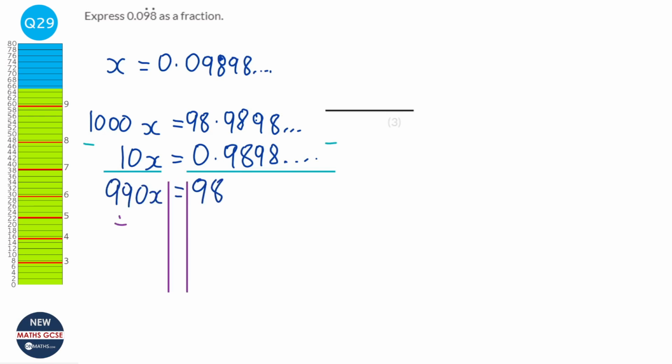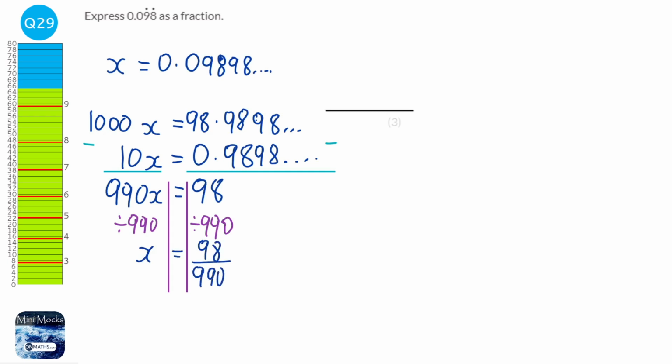So we're going to divide both sides by 990. And divide just means over, so we can just write it as a fraction. Now they are both even, so they will definitely divide by 2. And so we divide top and bottom by 2 and we get 49 over 495.